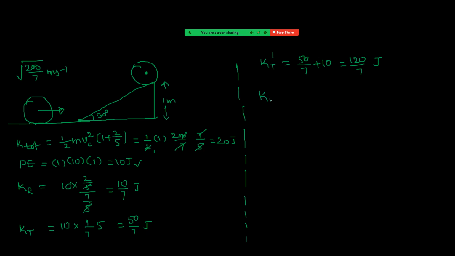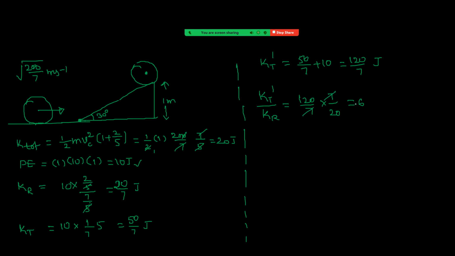So the ratio of translational kinetic energy to rotational kinetic energy is 120 by 7 to, because of rotation, 2 is left here, right? 2 into 10, that is 20 by 7. 7 gets cancelled.